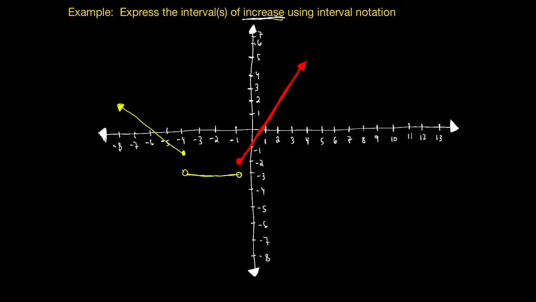Here we see that the increase begins at -1, and since we have an arrow on the right, we can say that the right hand side is going to approach positive infinity. So the interval of increase in this situation is going to be from -1 to infinity. And there you have it.